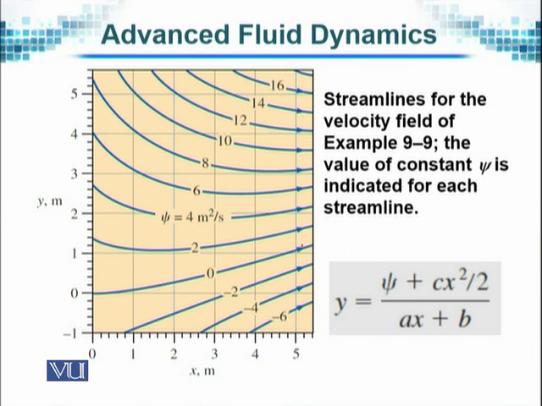Of course, there may be flow on the negative side or in the other three quadrants, but we are only looking at this one. So the plot is drawn for this part.